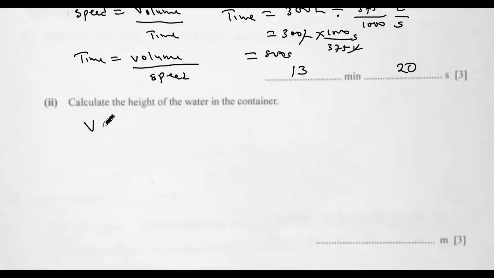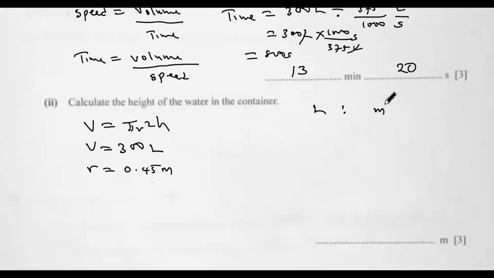So the volume is given by pi r squared h, and we know that the volume is equals to 300 liters, and the radius is equals to 0.45 meter. So for us to calculate this, we need to convert 300 liters to meter cube.